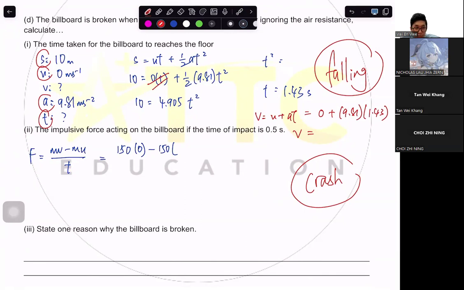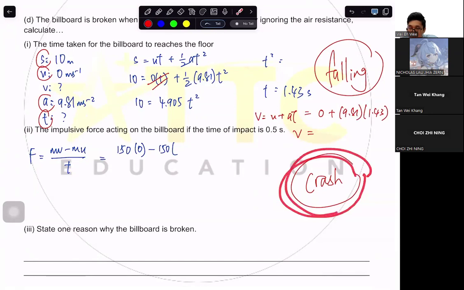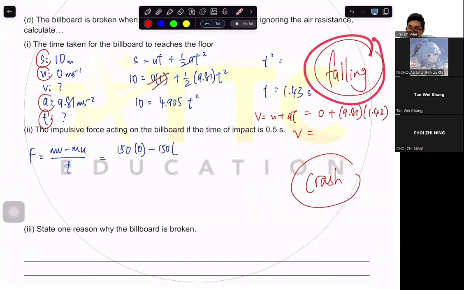14.02. Yes, the initial velocity is right before you crash. So what is the velocity right before you crash? It is the final velocity of your falling. You start from here and fall down.